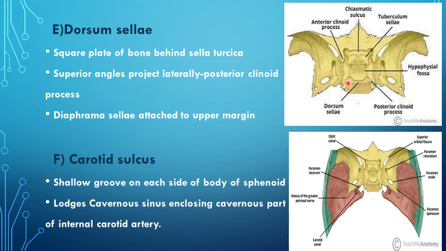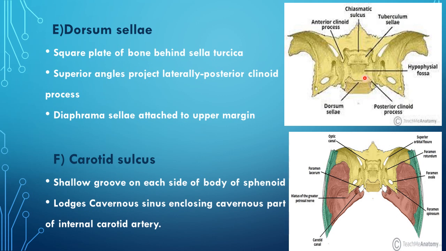So the dorsum sellae forms the posterior margin of the Turkish saddle. When you trace the dorsum sellae laterally, you can see that the superior angles on either side project forward and laterally to form the posterior clinoid process. So these are the posterior clinoid processes.